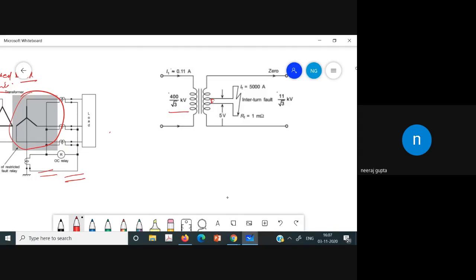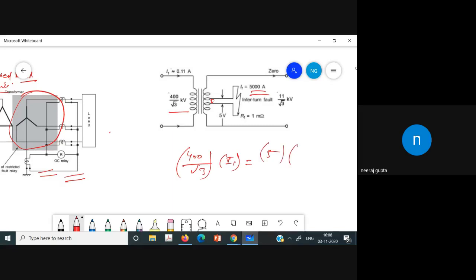Let us suppose that we have the voltage here, and we want to calculate the current I1. Then we will have 400 divided by root 3, and let us suppose the current is I1 and the fault takes place in I2. These turns are shorted, and let us suppose the current flowing through the shorted turn is 5000 ampere and the voltage across it is 5 volts.